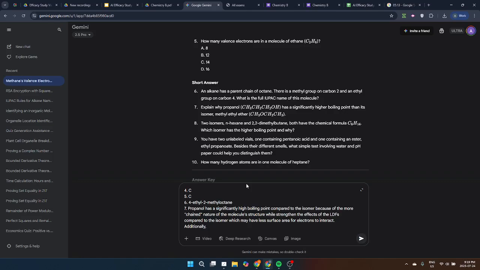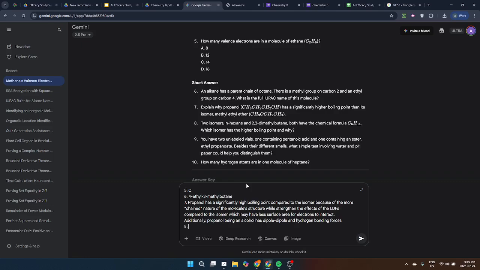Additionally, propanol being an alcohol has dipole-dipole and hydrogen bonding forces.